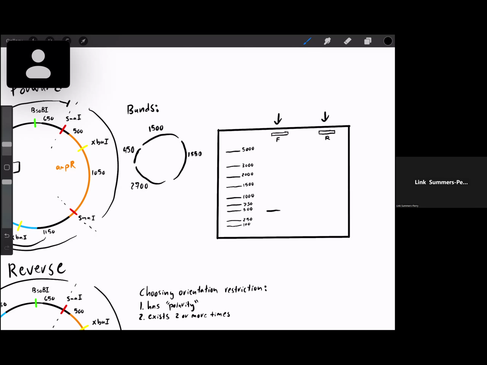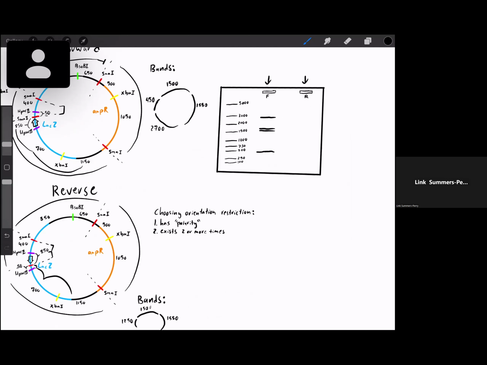So we'll have a band here. And then we have a 1,500 band, and then a 1,550. So it's going to be extremely close. And then we have a 2,700, in between 2,000 and 3,000, closer to 3,000. So like that. That's what our forward would look like.